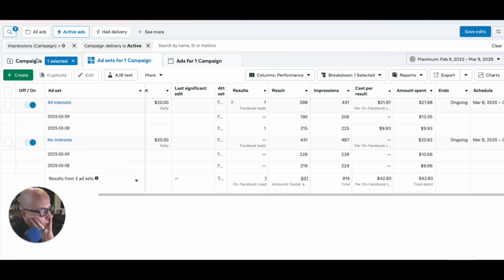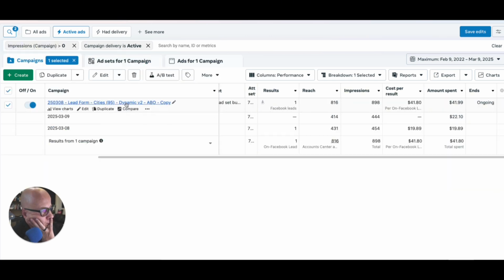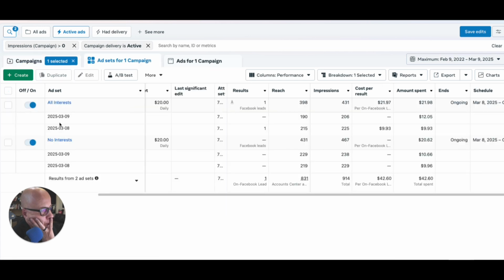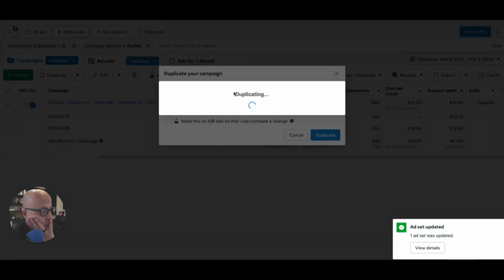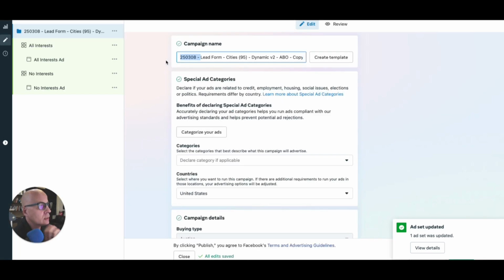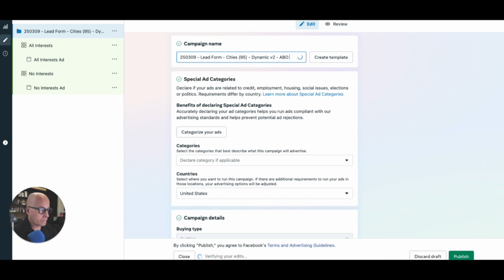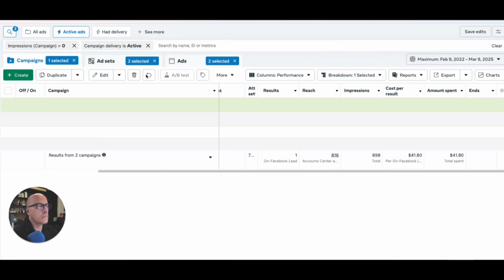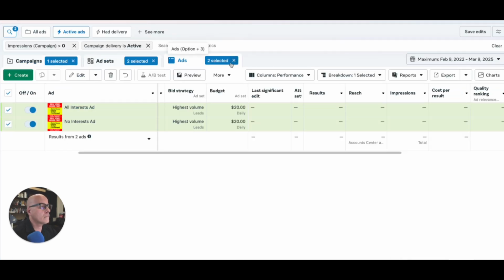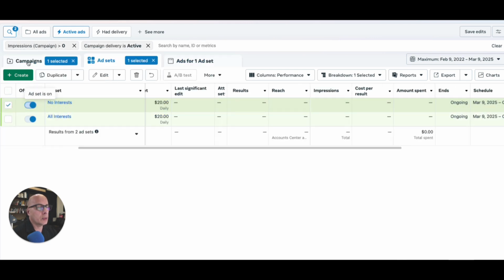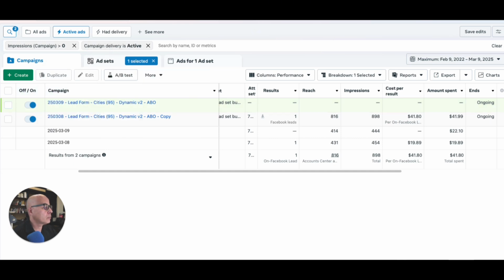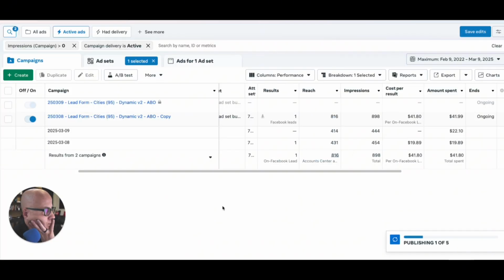And then this one here, again, I am going to pause the one that did not have anything. And I'm just going to simply duplicate this here. And turn that one back on. And did I miss any others?